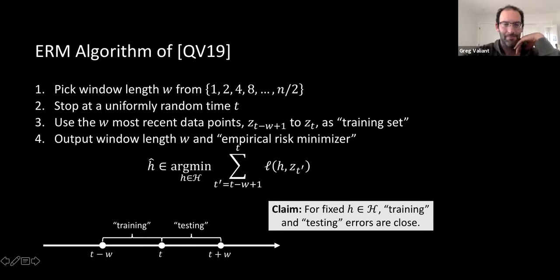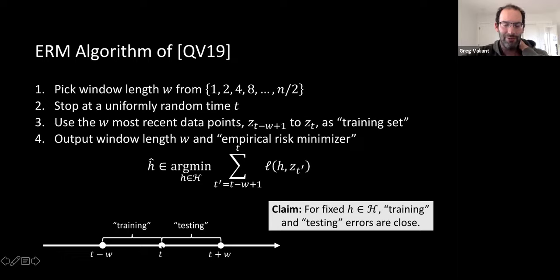So the algorithm which gets a linear dependence on the size of your hypothesis class is the following. Pick a window W uniformly from the set 1, 2, 4, 8, 16, and so on.